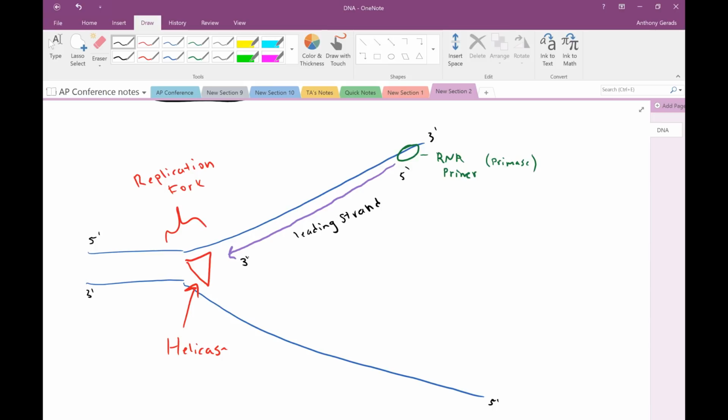The other strand, not so much. Because on this side I've got 3', on this side I've got 5'. So it can only add in the opposite way. It can only add going to the right, where on ours it was adding going to the left. So what it has to do is unzip a little, lay a primer, and then come along and add nucleotides.